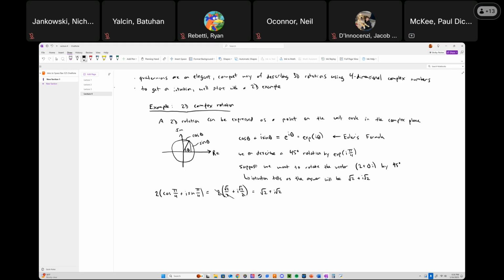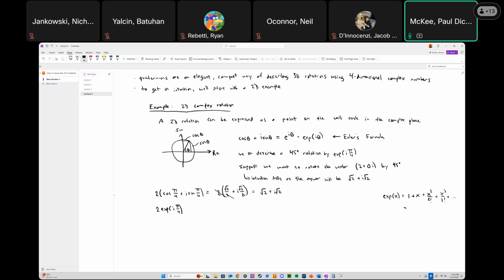You could also do it the hard way. What is 2 times the exponential function evaluated at I pi over 4? Well, just a reminder that the exponential function of x is 1 plus x squared over 2 factorial plus x cubed over 3 factorial plus so on and so forth.